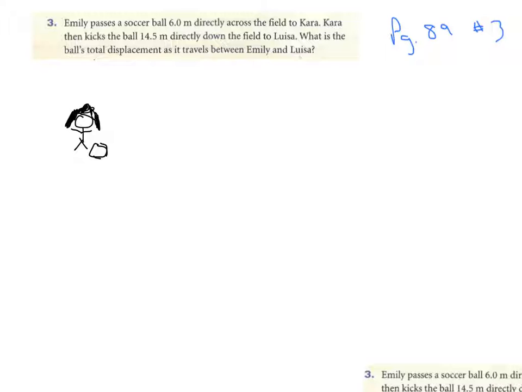Actually, just for us to practice, I'm going to put coordinates here. She kicks the ball 6 meters across the field to her friend Kara, who is here. And Kara is a ginger, so she has hair like this, right?